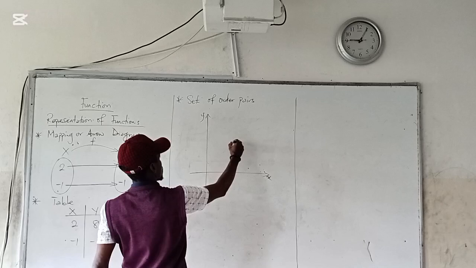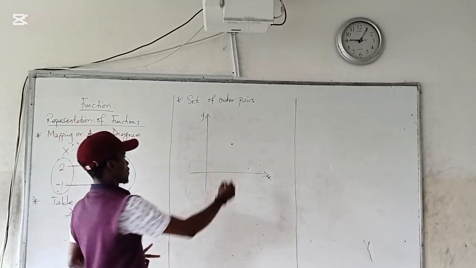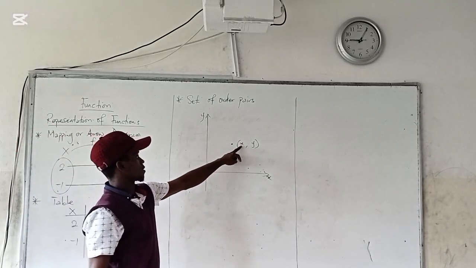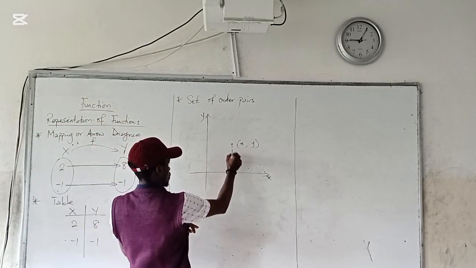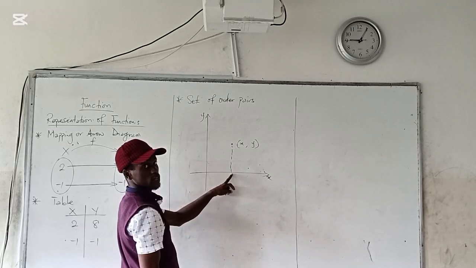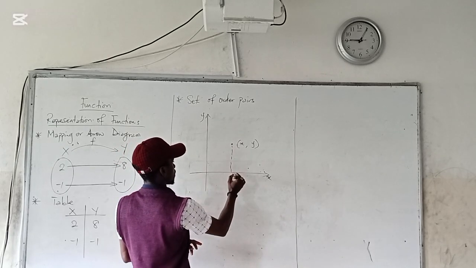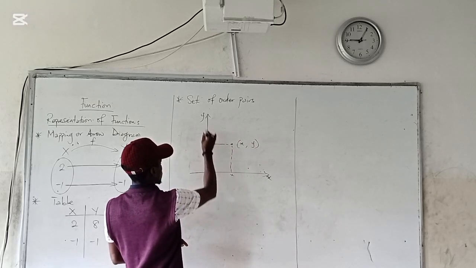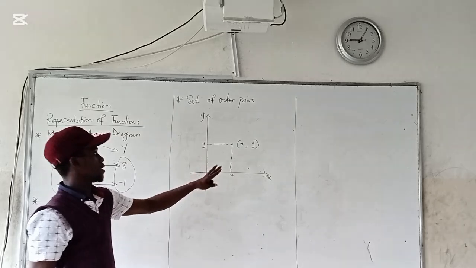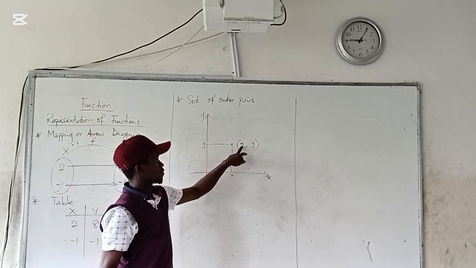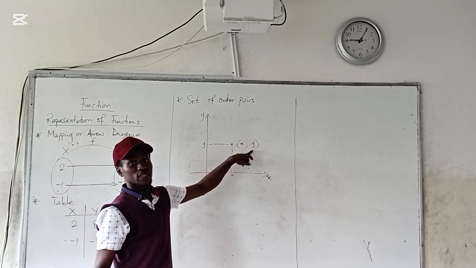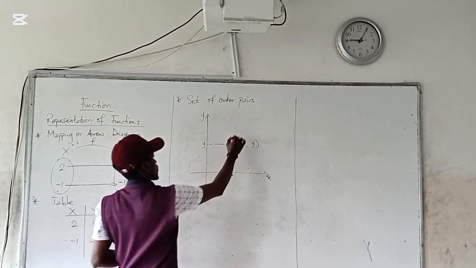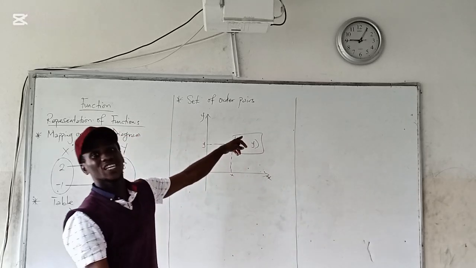Any point on this plane has two values. It has the value for x and the value for y. Now the value for x can be traced down to the x-axis. That's the value for x. Then the value for y, we trace it to the y-axis. That's the value for y. Now this is written like this: value for x, value for y, in brackets. That is what we call a set of ordered pairs.